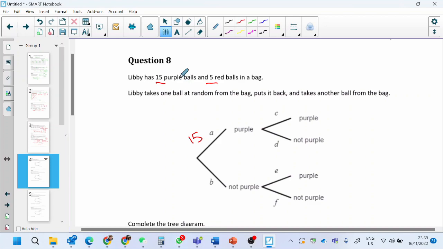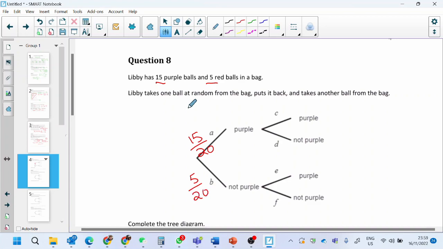In total there are 20 balls. So the probability of being purple is 15 out of 20, and the probability of not being purple is 5 out of 20.